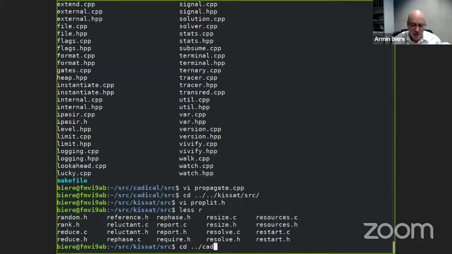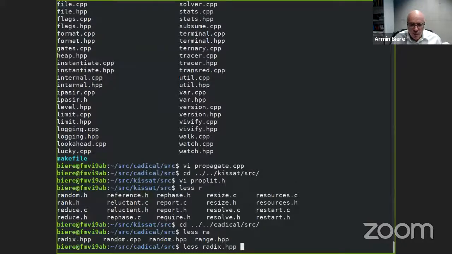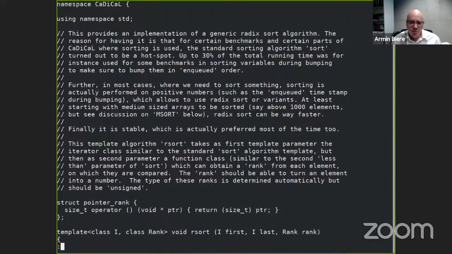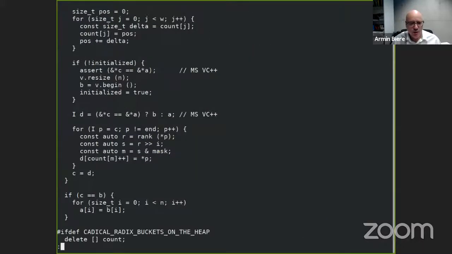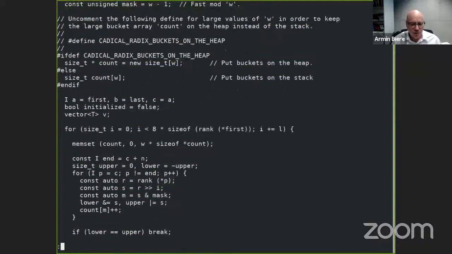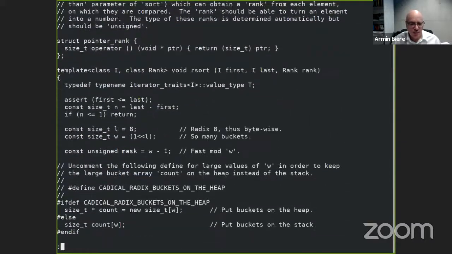Yeah, in KeySat it's the same. So it explains why, right? And it's really awkward, so I had to implement my own radix sort. It's this header file, right? Of course it takes a day to get this right, and you need to find the right parameter.